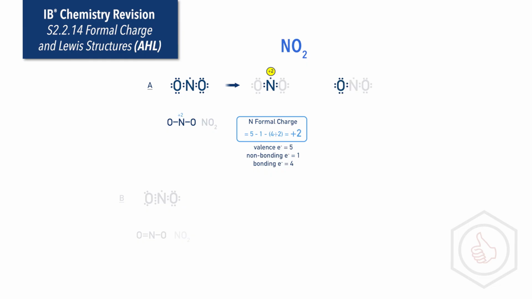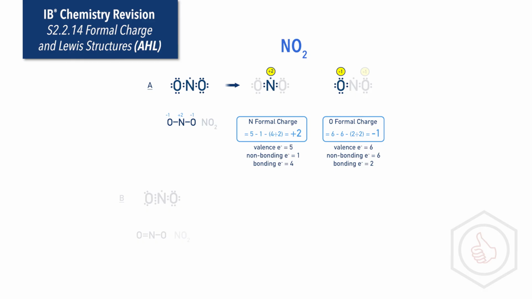The oxygens are both identical here in terms of their electron arrangement, and their formal charge will be 6 minus 2 divided by 2. Because their valency is 6, they have 6 outer electrons to start with, and they each have 2 bonding electrons with the nitrogen, giving a formal charge of minus 1. So in the first structure, we have a positive 2 formal charge on the nitrogen, and a negative 1 formal charge on each oxygen atom.